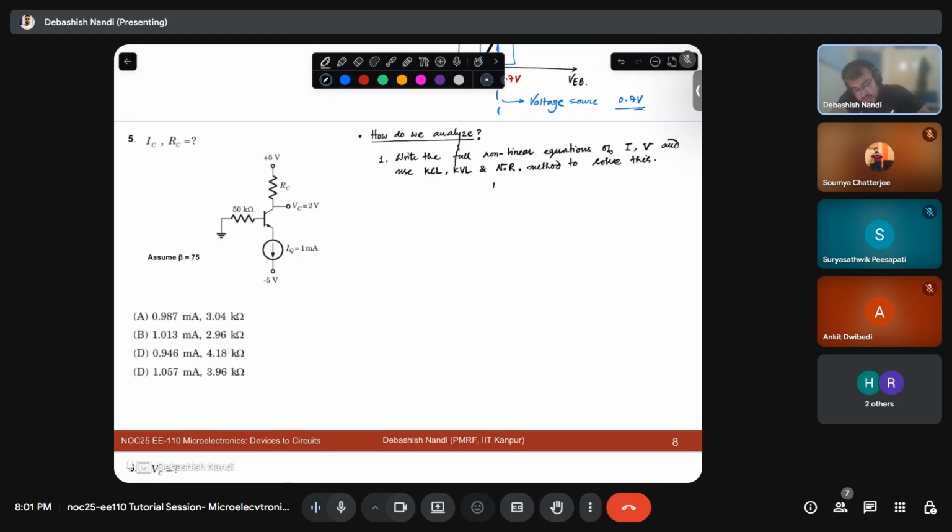What are the nonlinear equations? For example, your IC is IS exponential VBE by VT, right? This is a nonlinear equation.